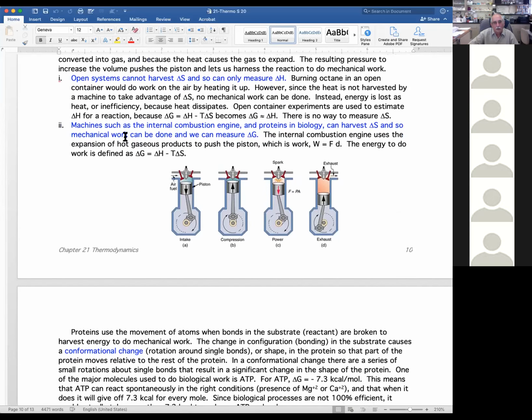We need a machine to harvest that energy to do work. Here we're taking advantage of the change in temperature, which causes the gases to go faster, which then pushes down on the piston. Now we change the volume and we're able to do mechanical work.